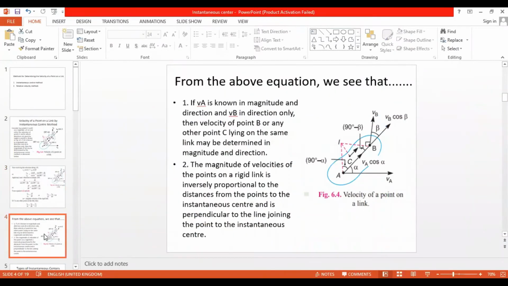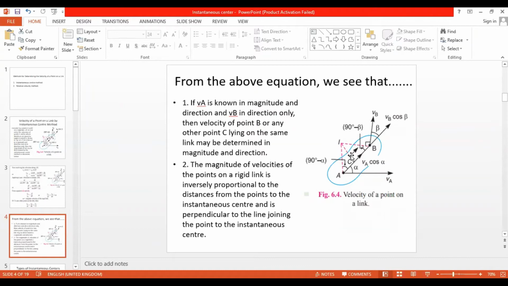Okay. So now we'll see what general conclusions we can get from the above equation, right? If VA is known in magnitude and direction, and VB in direction only, so we don't know the magnitude, then the velocity of point B or any other point C, right?